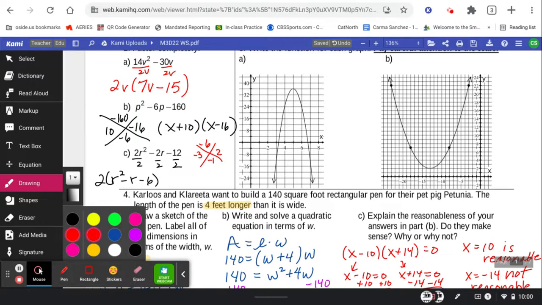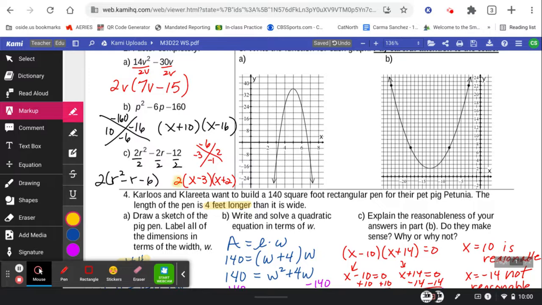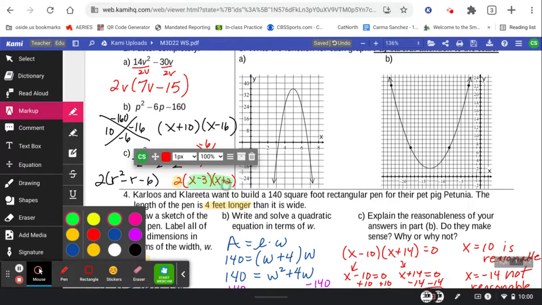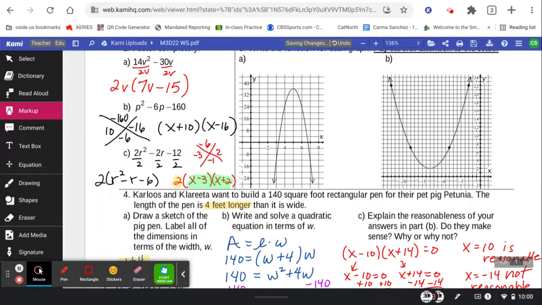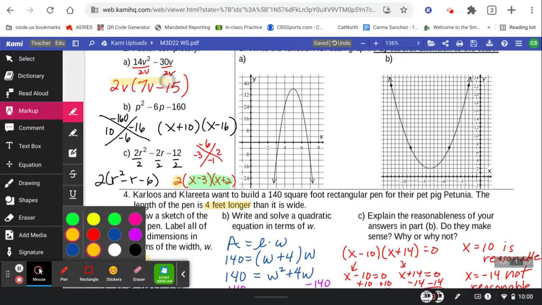So my final factors, don't forget the 2 out front, are 2 quantity x minus 3, x plus 2. So this last one, part C, is a combination of greatest common factor and factoring using the x. This top one was just greatest common factor, and this one was just factoring with the x.